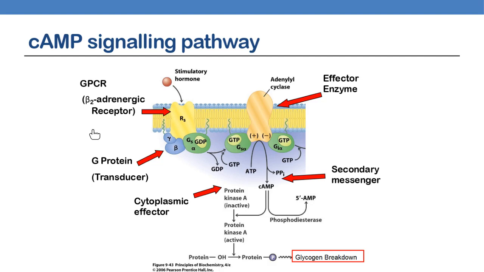So if you notice from this, we have one molecule binding to our GPCR, and it's going to induce this huge signal cascade, which is going to lead to glycogen breakdown from just one molecule. So that's how you get this signal amplification from just one of those molecules binding. So it's a pretty impressive pathway.